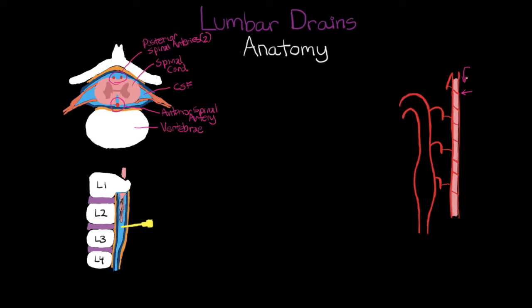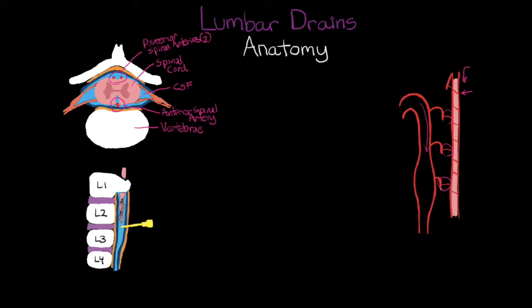Now again, if we look at the diagram on the right, we can see that as we work our way down the aorta here, we do have what we call segmental arteries here and here and here. And again, there's more than just these three that I've drawn here, but this is just for the sake of simplicity and understanding what's happening.